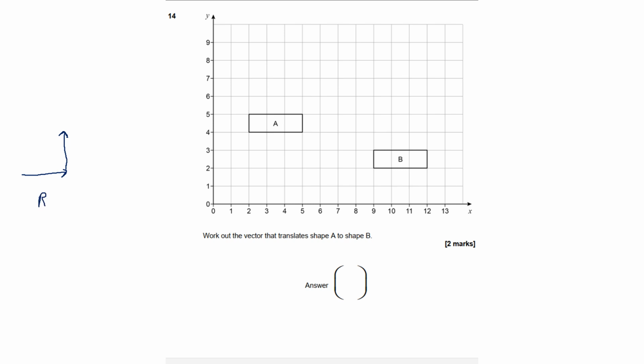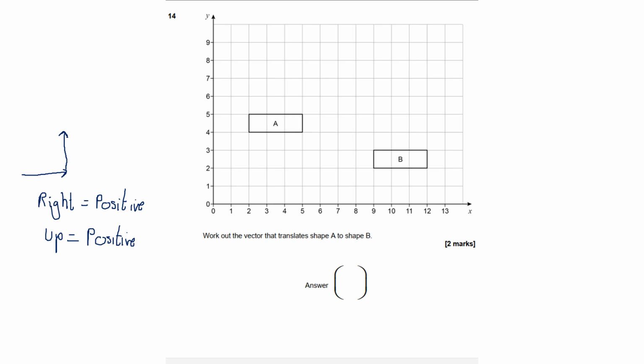So right equals positive. Ignore my horrible handwriting, please. And up also equals positive. So that means that if we go to the left or if we go down, that's negative.